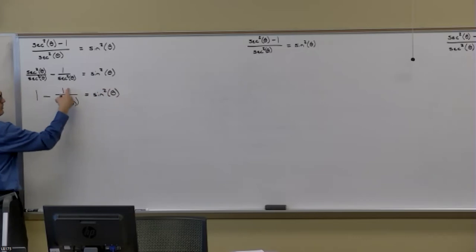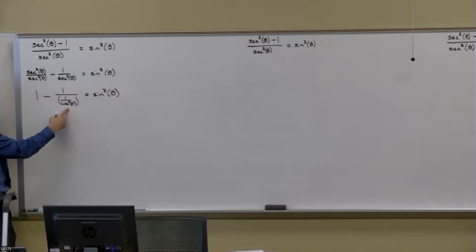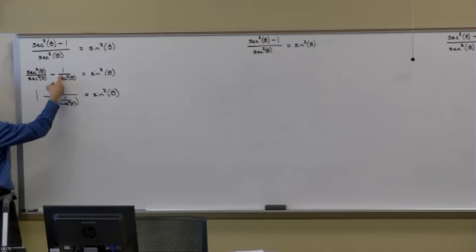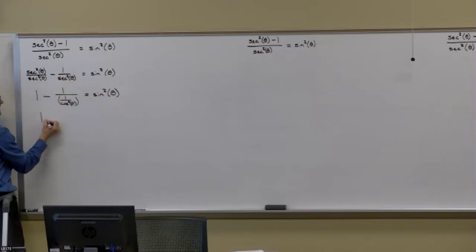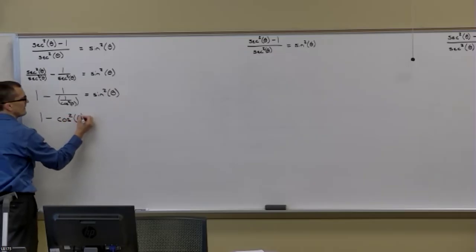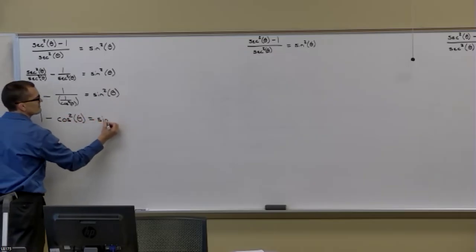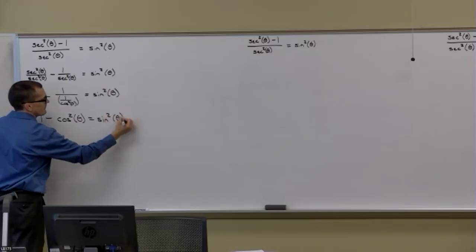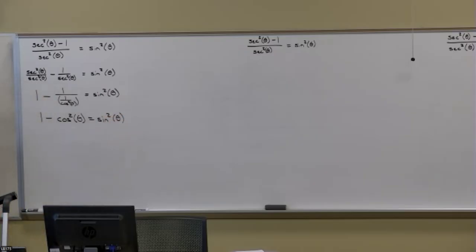Notice that if you do 1 over cosine squared, that's just cosine squared. So the reciprocal of secant is cosine. So we get 1 minus cosine squared theta equals sine squared theta. Now that's going to be true by the Pythagorean identity.